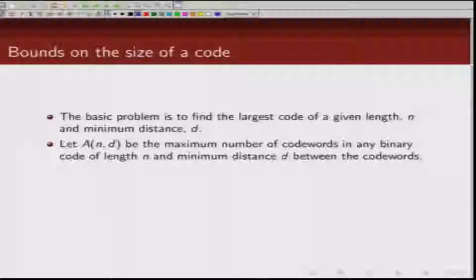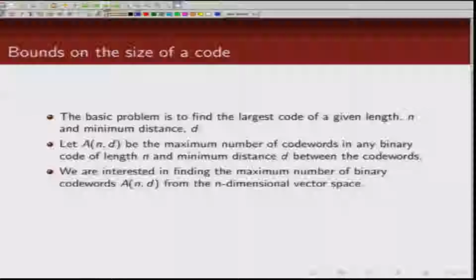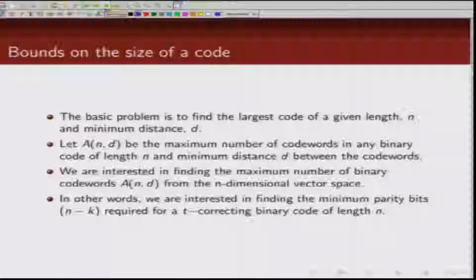Let A denote the number of code words of length n and minimum distance d. We would like to know how many such code words exist which have code word length n and minimum distance d.